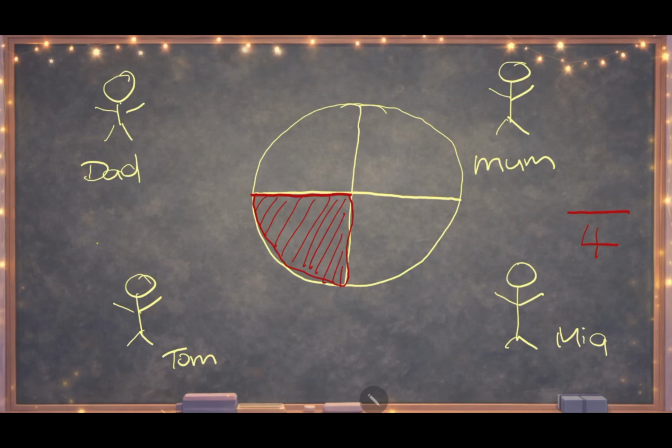So if I was to describe the amount of pizza Tom ate, I would put the numerator as 1 because he ate 1 piece of pizza out of 4 equally shared pieces. And we have a special name for the fraction with 4 in the denominator, which is a quarter. We have 1 at the top. We will call this fraction 1/4.